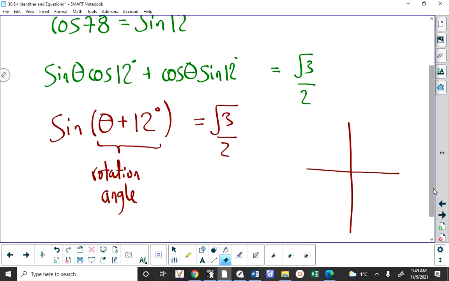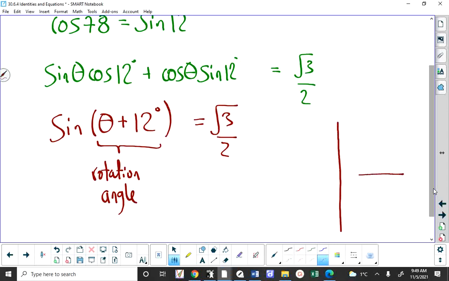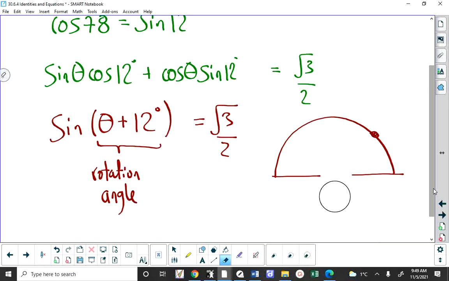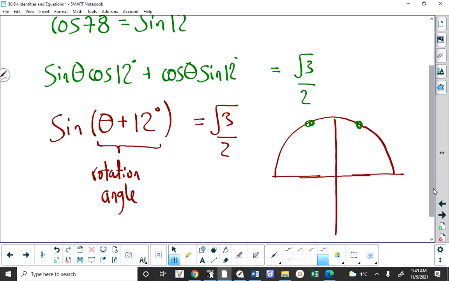It's at the 60-degree reference angles in quadrants 1 and 2. It's at those two locations. That's where sine is equal to root 3 over 2.